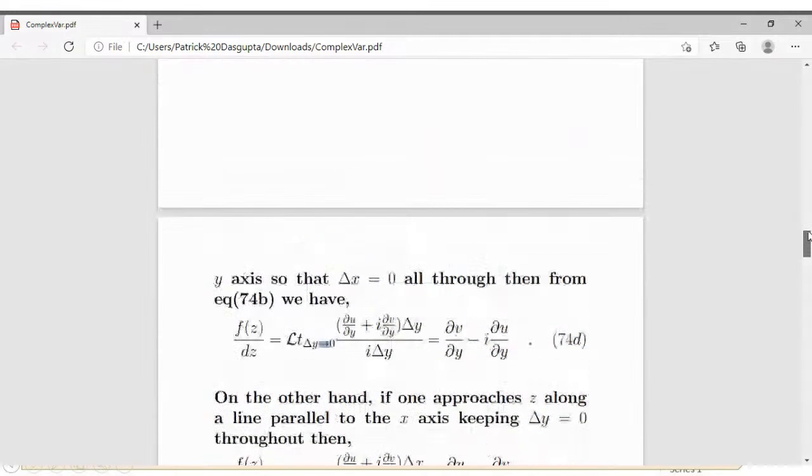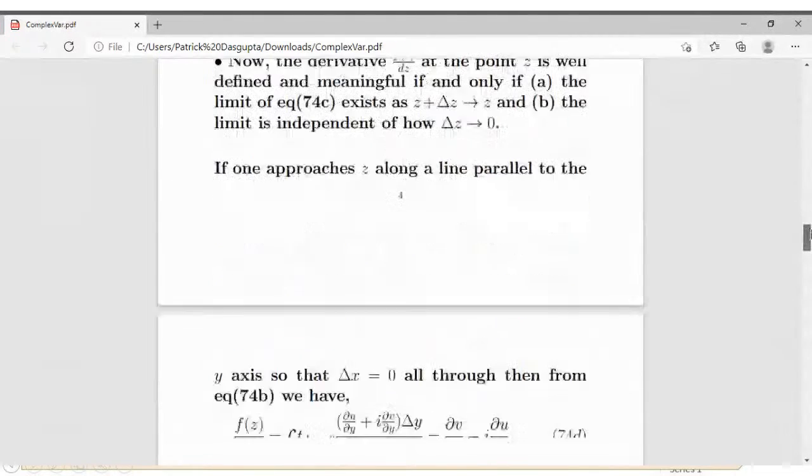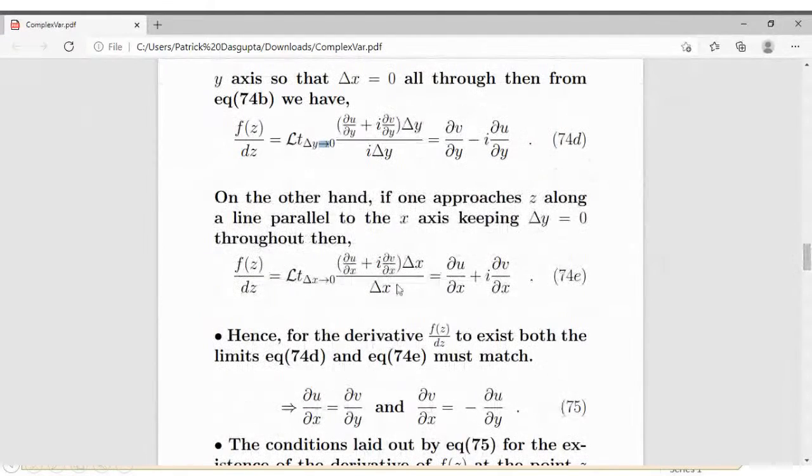And therefore, if you substitute in equation 74C, delta y is 0, then you will get dfz by dz as delta x tends to 0 is simply del u by del x plus iota del v by del x multiplied by delta x divided by delta x. So therefore, we have the result that dfz by dz as delta x tends to 0 is simply del u by del x plus iota del v by del x.